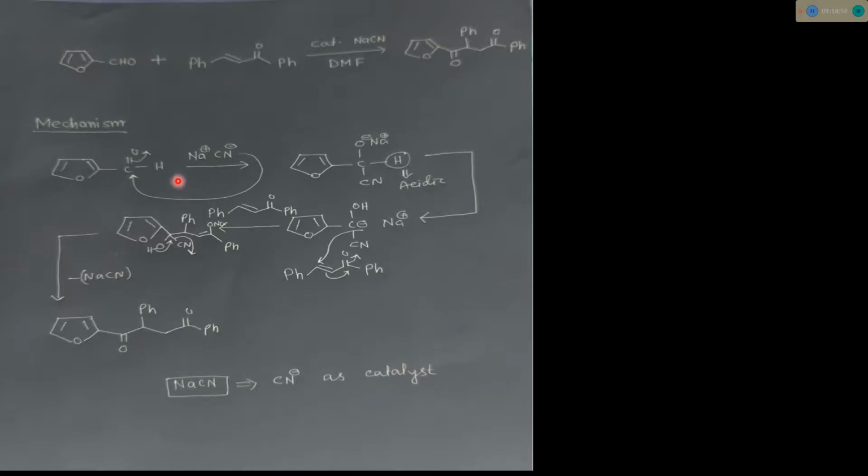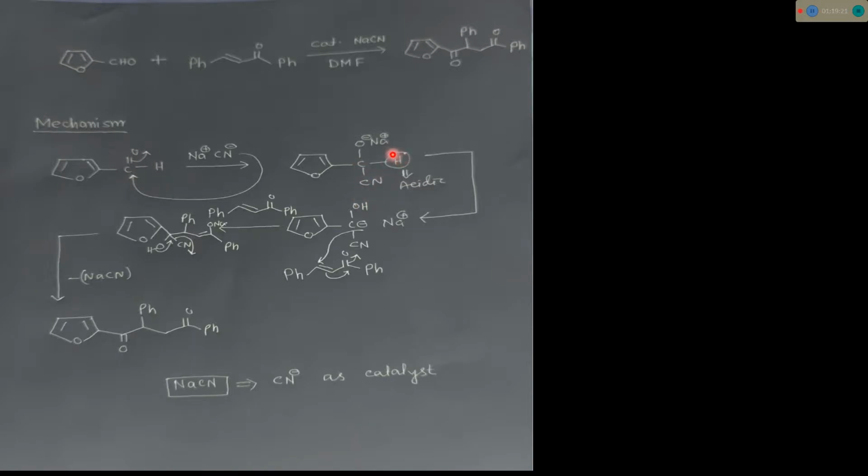Since there is an aldehyde group, furan aldehyde furfural, CN minus attacks this aldehyde group first, forming a tetrahedral intermediate, and this hydrogen becomes more acidic after CN attaches to that carbon.